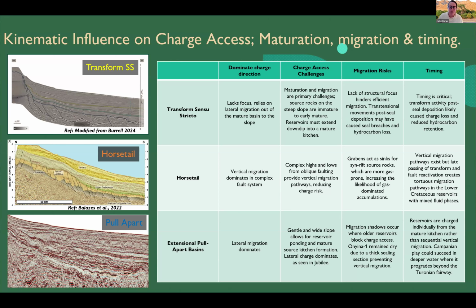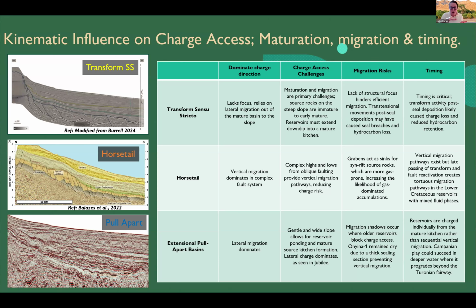In contrast to this, in the pull-apart part of the margin, the gentle and wide slope actually allows for deposition of multiple source rocks, and the subsequent ponding of reservoirs helps the maturation of all of these source facies. In this area, lateral charge dominates, and that's very evident in the largest field in the area, the Jubilee field.